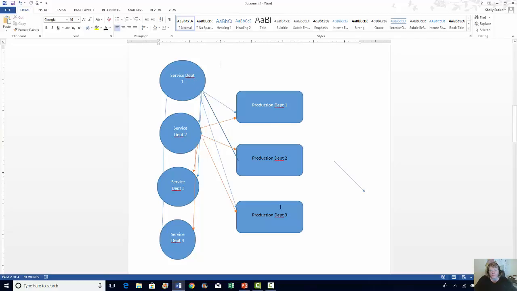So now the first service department is absorbed into these 3 service departments and the production departments, and the second service department is absorbed into these two service departments and each production department, and then it continues on. Service Department 3 is absorbed into each production department and the last service department, and then this last service department is absorbed into all of those other production departments.